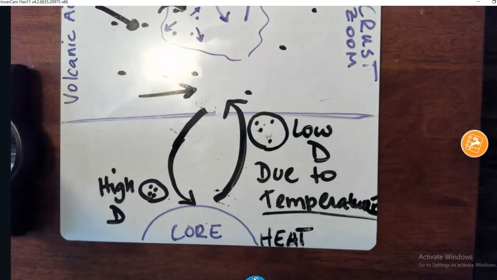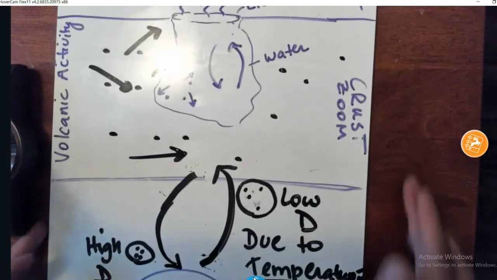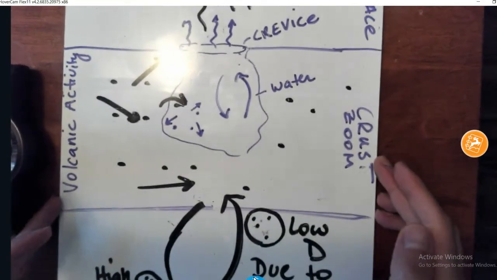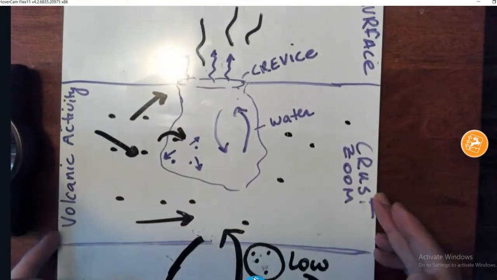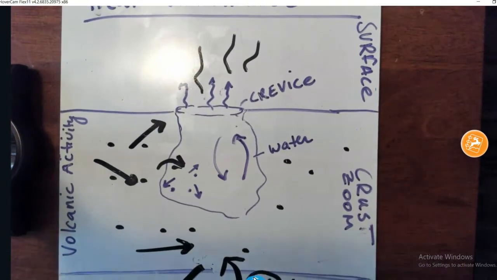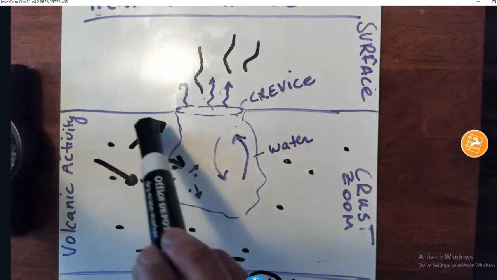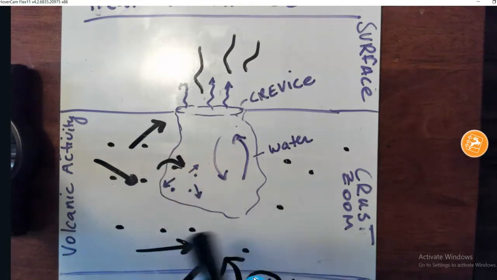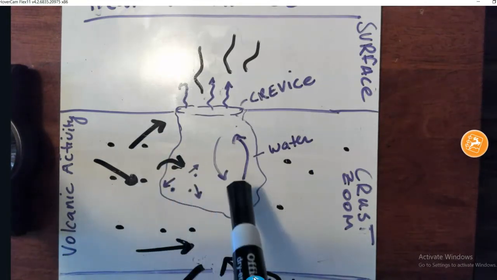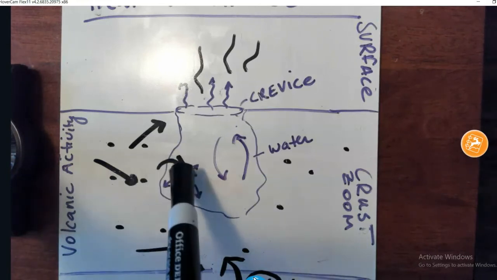And again, I forgot to push this up. Let me push this up so you can see what I'm talking about. I forgot to put this up, so I'll say it again. There's volcanic activity over here. There are partially melted rocks. When the rock touches water, it's going to transfer heat very fast, so through conduction.